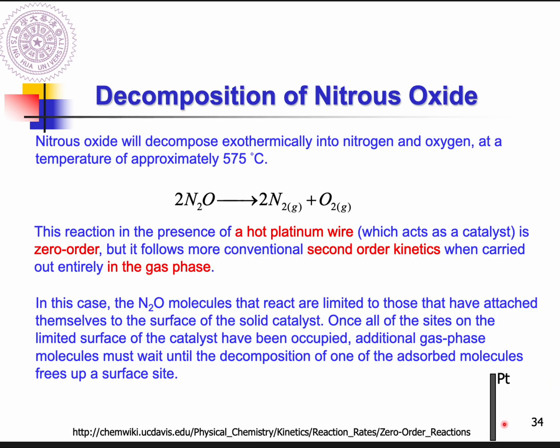Why? I will explain this using these figures. We have a hot platinum wire here, and surrounding it we have a lot of nitrous oxide. The platinum is a catalyst, and the catalyst can help the decomposition of nitrous oxide at lower temperature, but only for the nitrous oxide adsorbed on the platinum wire.